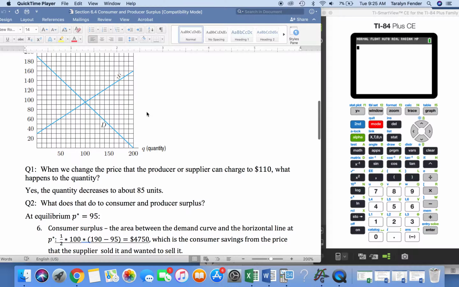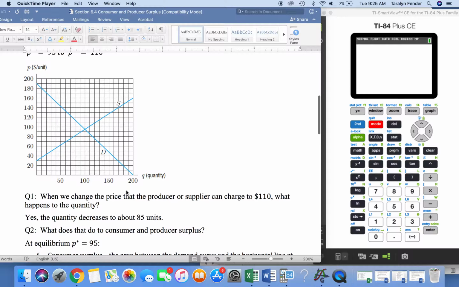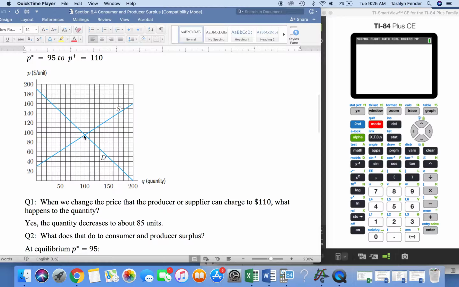So what happens when we change the price that the producer or supplier can charge from $95 to $110? What happens to that quantity? Does the quantity increase or decrease? Well, let's look at that. Here is our equilibrium price at $95. The quantity at $95 is 100.